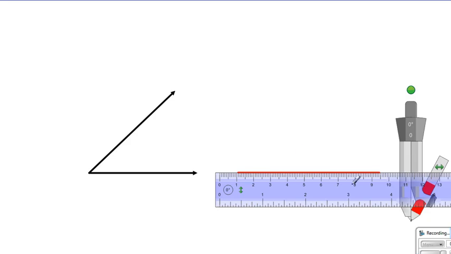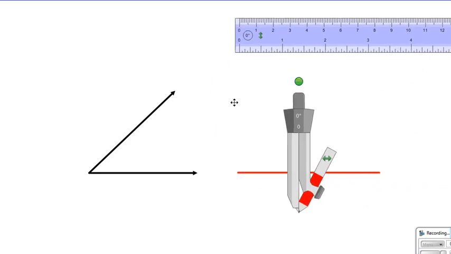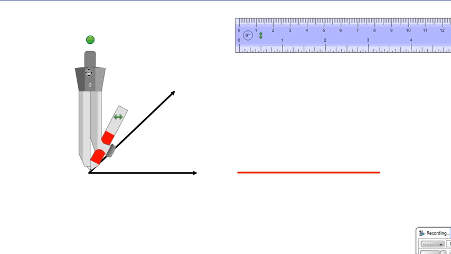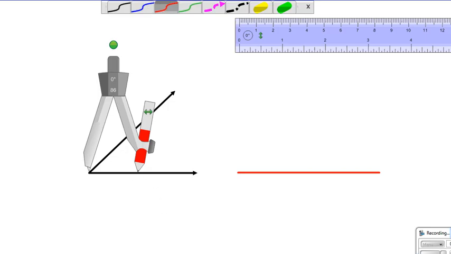In fact, the length of the line segment doesn't matter that much. Now, as we mentioned before, what the angle does is that it measures the spread. In order for us to measure the spread, with the compass, we're going to try to make an arc of a reference.